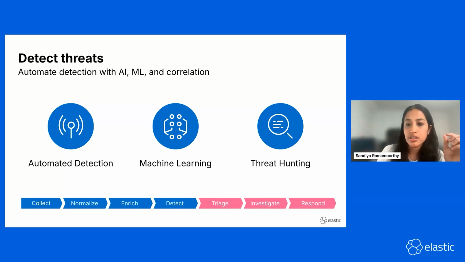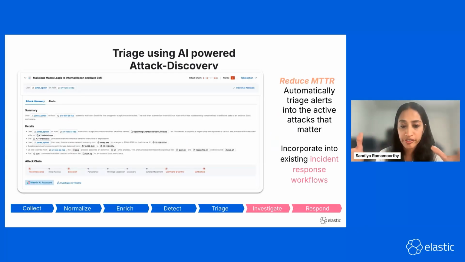Once we discover some suspicious behavior, obviously you're going to be notified of it, and this is going to be notified in the form of alerts. SIEM is always known for its noise, right? So there could be alert fatigue, and we are trying to solve that problem with the help of an AI-powered feature called Attack Discovery.